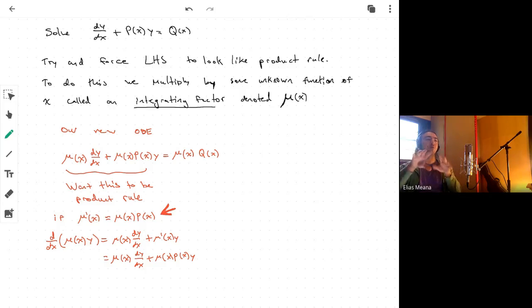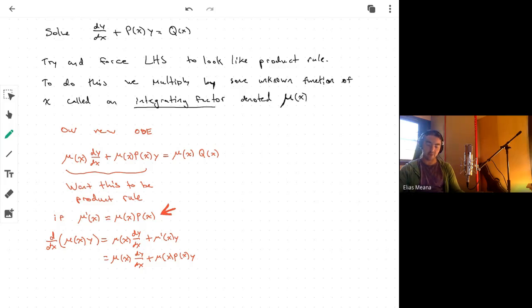So if we want to try and find the solutions to that differential equation, then our method is going to be to take some other function that we have not defined yet, multiply the entire equation by that, and try and make it so that whatever function we multiply by gives us product rule on the left-hand side.